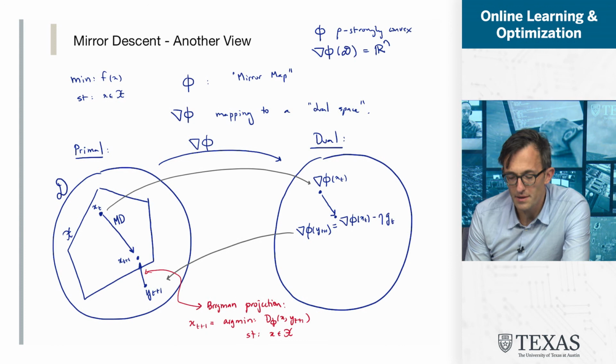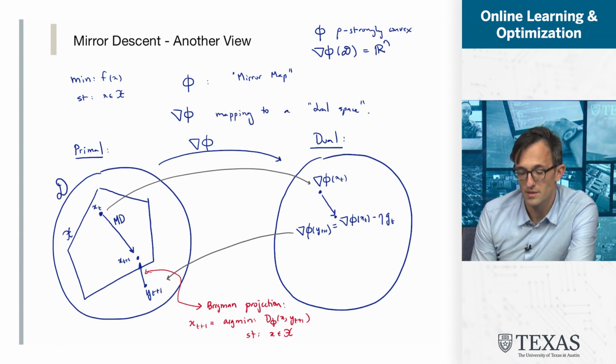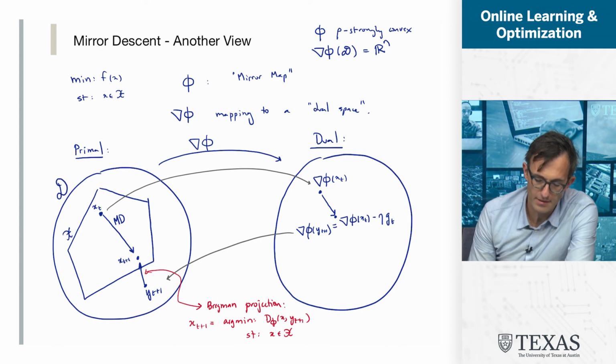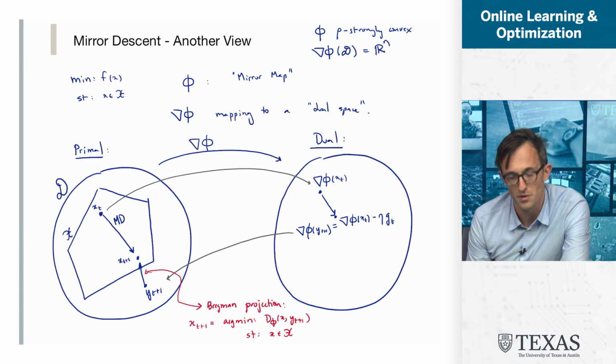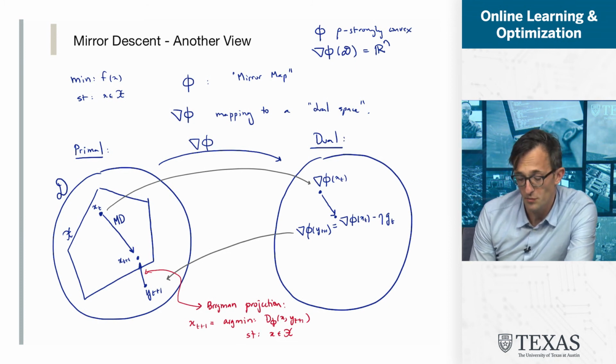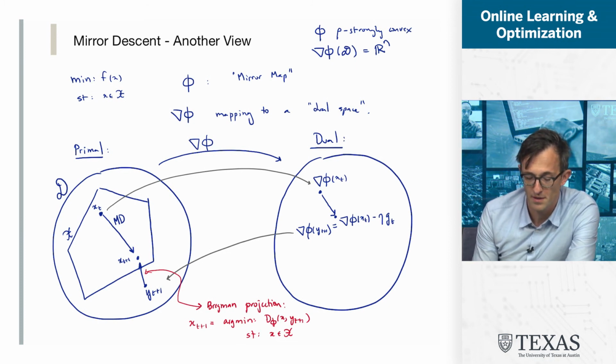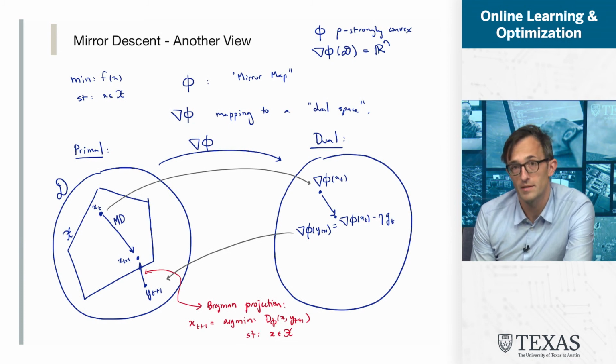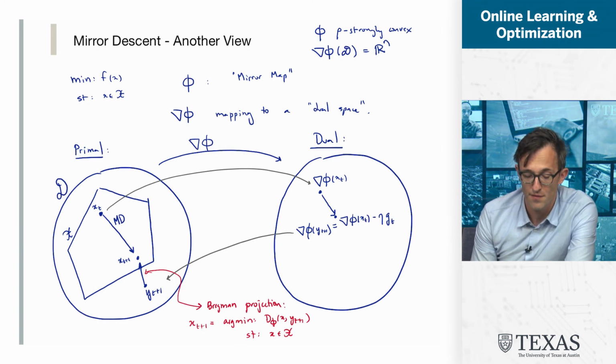So this is a different view of mirror descent, and it's closer to the origins. And we saw some similarities of some elements of this when we were talking about the specific example of X being the simplex and using the negative entropy as our mirror map phi.